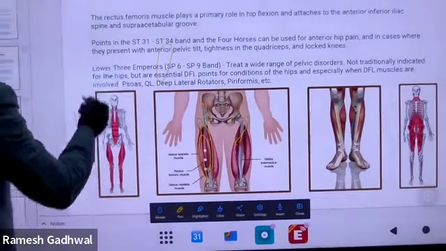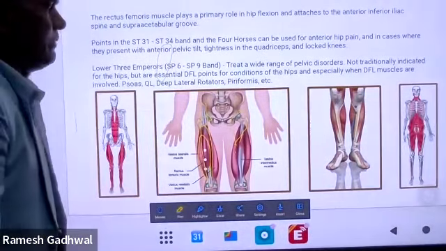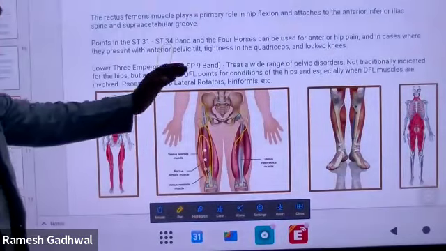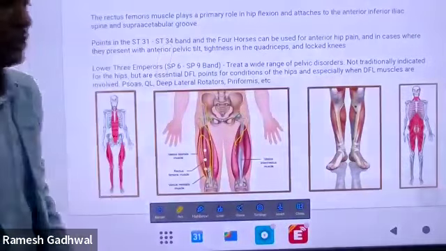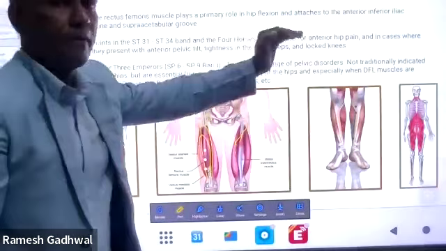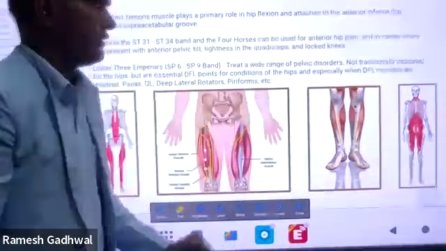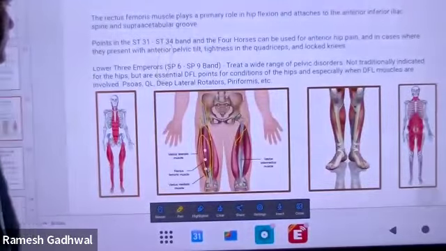Okay. Then lower three empowers, SP6 to SP9 band. It treats a wide range of pelvic disorders. Not traditionally indicated, it is not given in TCM.